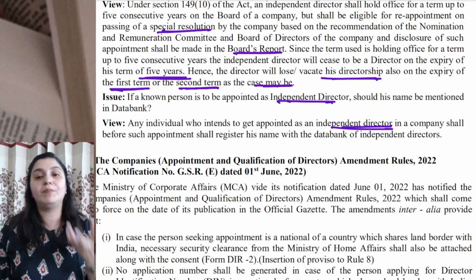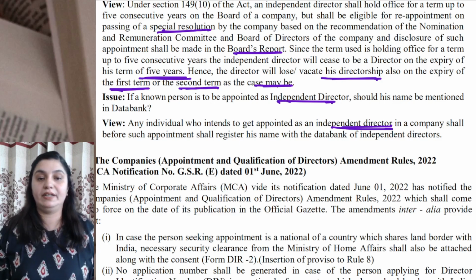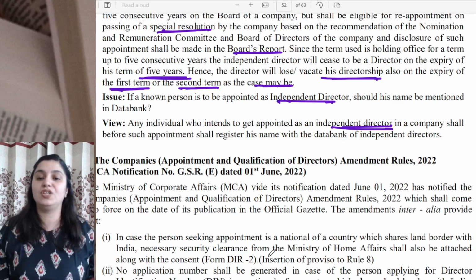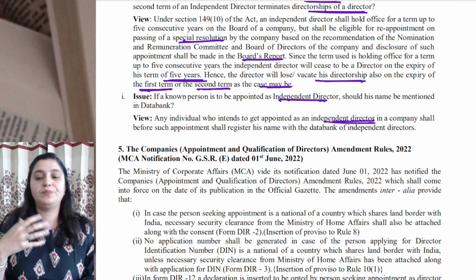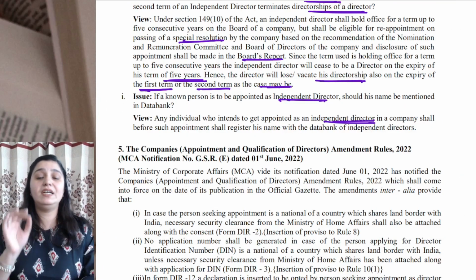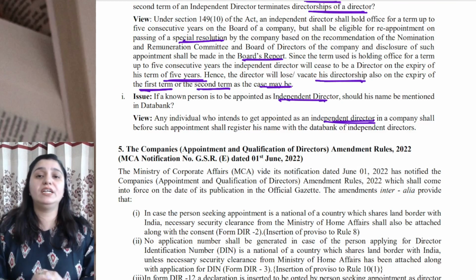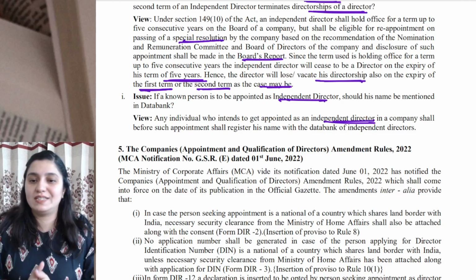The company can approach these people and can actually take up the matter that yes, we need to appoint these people, and wherever their scenarios match they can call up that person. Any person whoever is interested to be an independent director, definitely his name has to be in the data bank, and it always is convenient for the company to actually include the name and approach the same person.